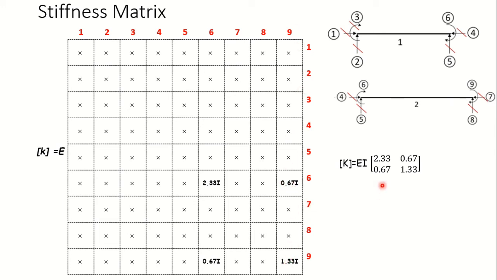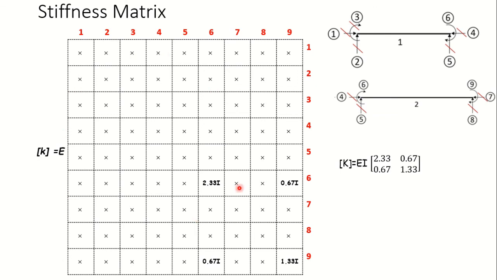So the only values that will be retained here are the rotational stiffness coefficients. So 6 and 9, these are the degrees of freedom that will exist. 6 6, 6 9, 9 6, 9 9. These values will come in our global stiffness matrix.